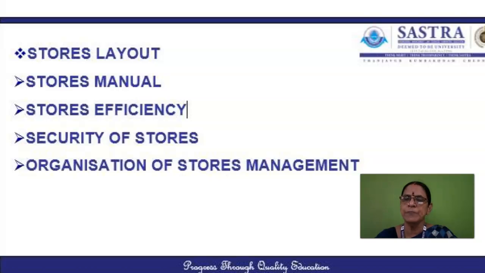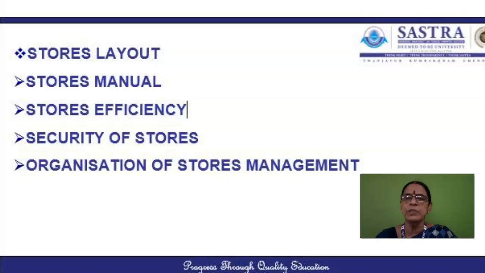Then scope for further expansion and flexibility. As expansion needs extra place, the store layout should be flexible enough to provide for further expansion, and it must have adequate space for it.